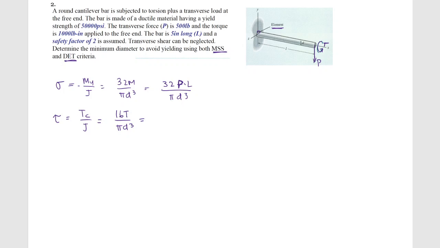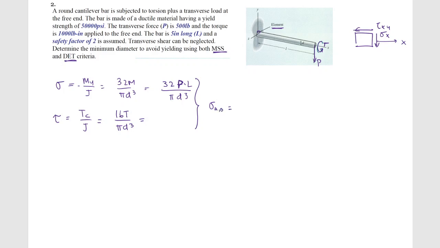So basically, if I draw that tiny element where this is the x-axis, I would have a sigma x, no sigma y, and a torsion, tau xy. Okay, and I can combine those two in Mohr's circle and get my principal stresses A and B.